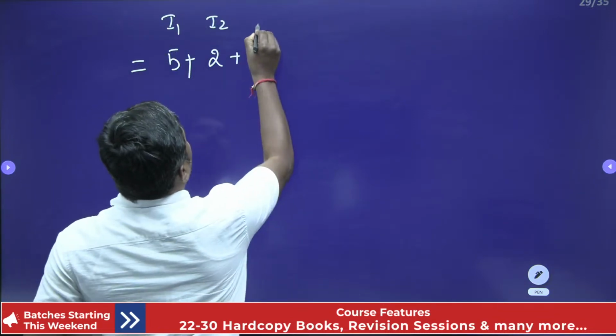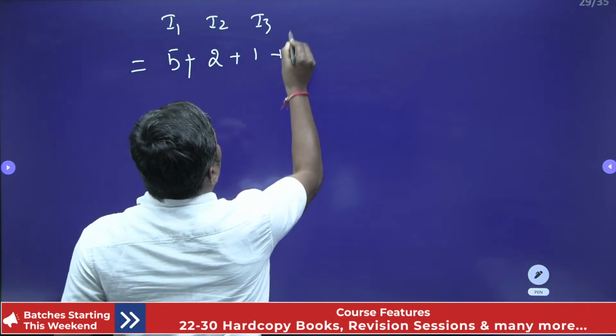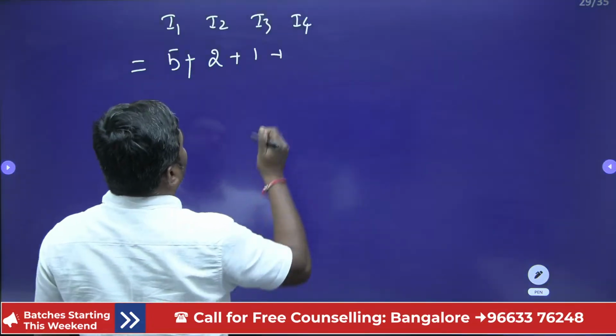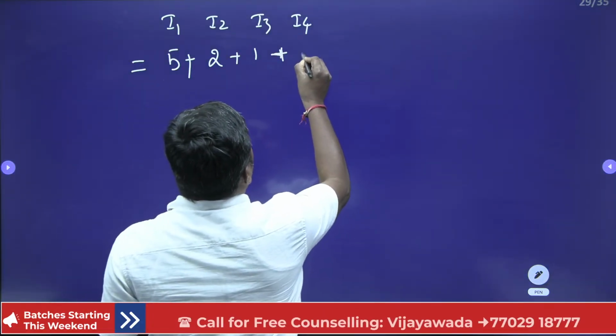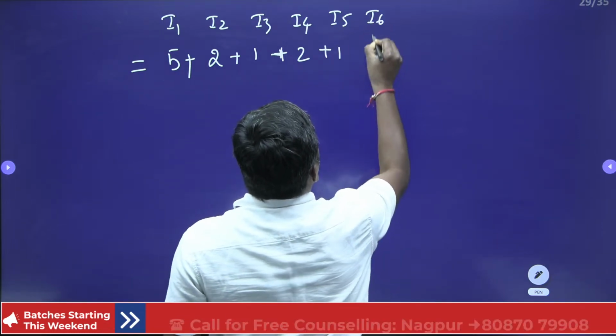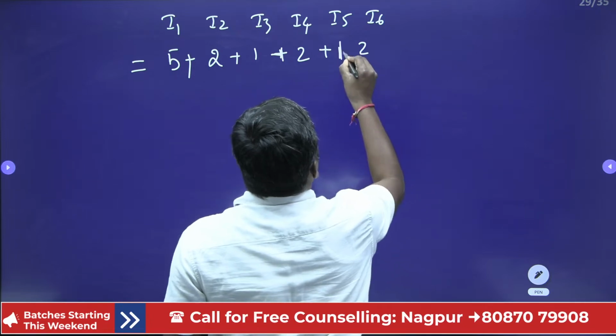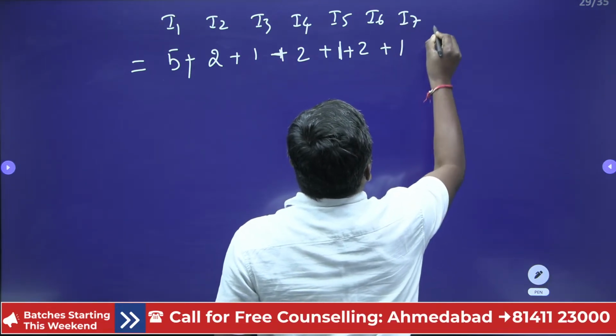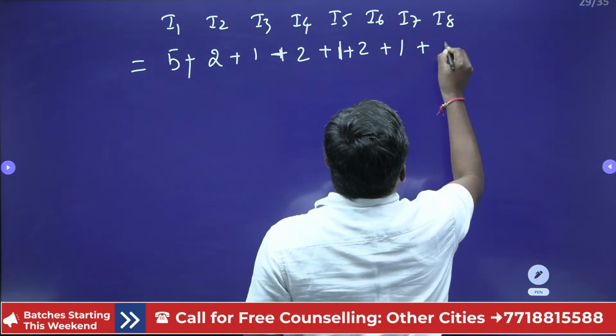The third instruction, I3, addition, takes 1 clock extra. Instruction I4 takes how many extra? I4 takes 2 clocks extra because it is a multiplication. Similarly, I5 will take 1 extra, I6 will take 2 extra, right? Yes or no? Then I7 will take 1 clock, I8 will take 2 clocks.